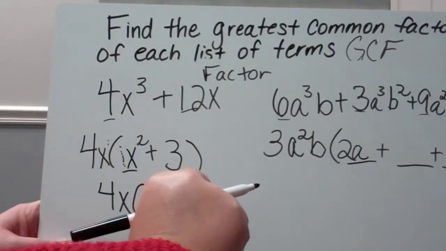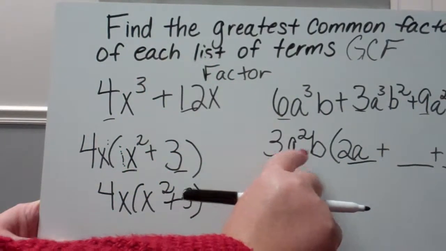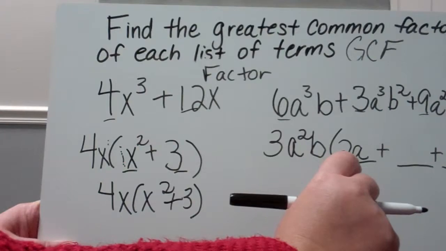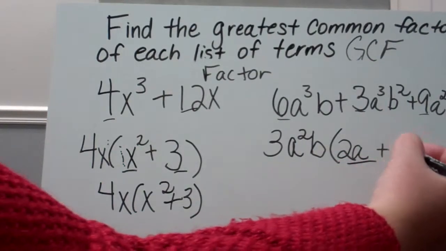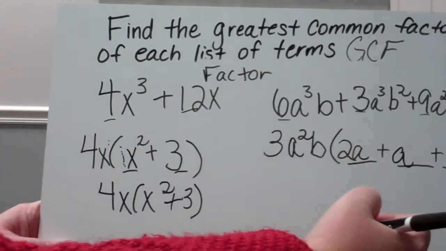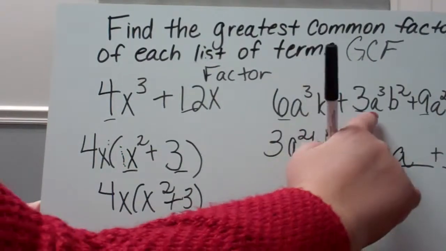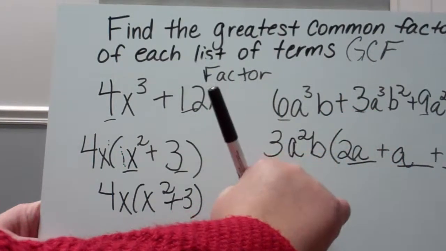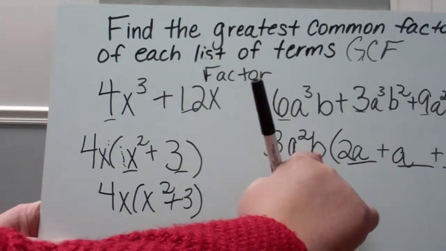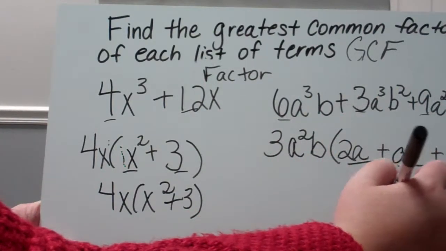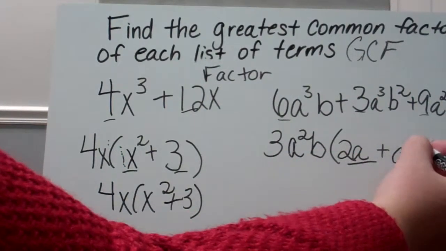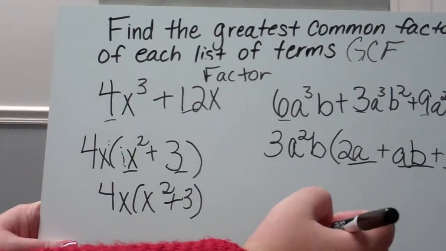We know we don't have to write that invisible 1. A squared into a to the third leaves me with a. Remember, when I'm dividing, I have those exponents. It's like subtracting. B into b squared. It's just going to leave me with b.